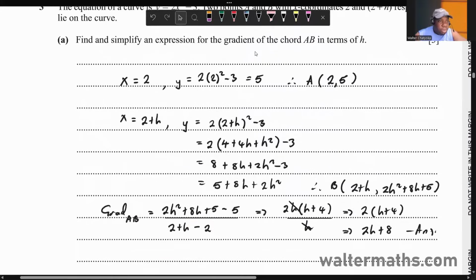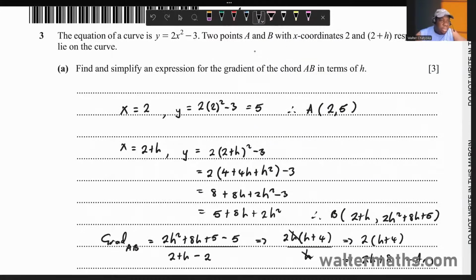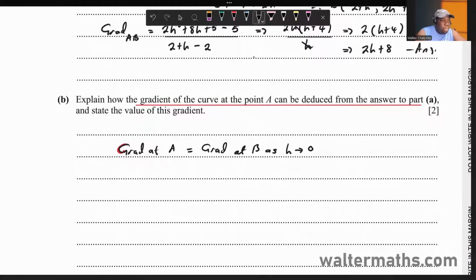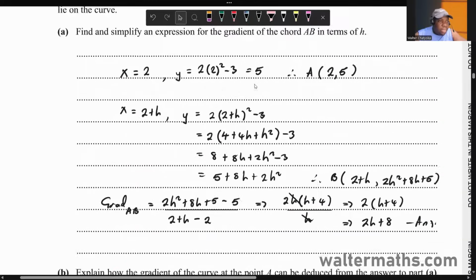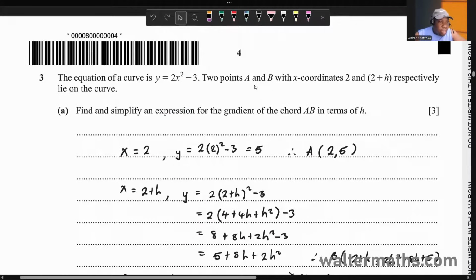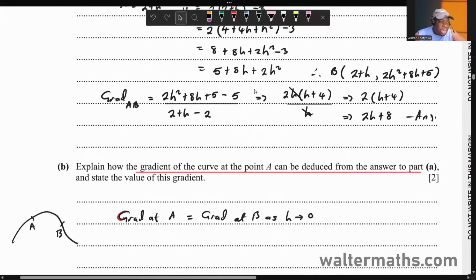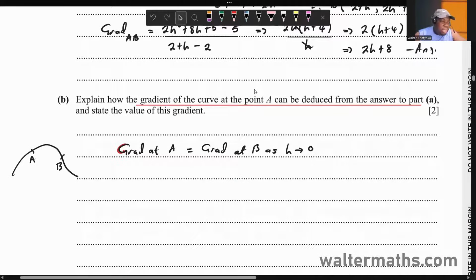So remember we have got a chord AB. Basically, we've got a curve, a point A somewhere and a point B somewhere. And we know that A is a smaller value compared to B in terms of the x coordinates. So as B gets closer and closer to A, it means that h is approaching 0 basically.